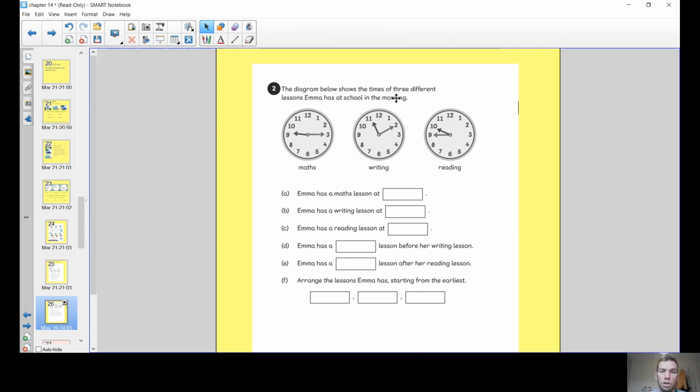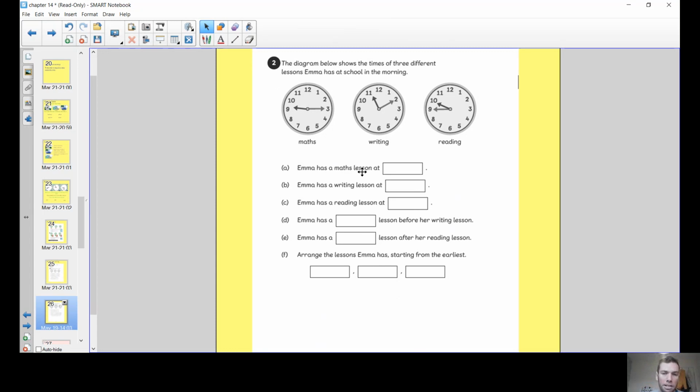The diagram below shows the times of 3 different lessons Emma has at school in the morning. Emma has a math lesson at a time, a writing lesson at a different time, and a reading lesson at a different time. And in these boxes, Emma has a something lesson before her writing lesson. So which subject?